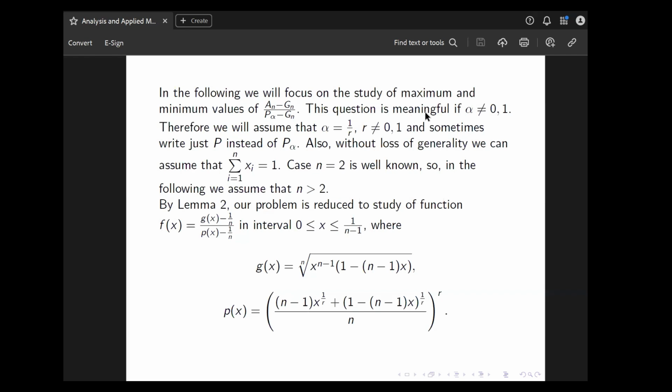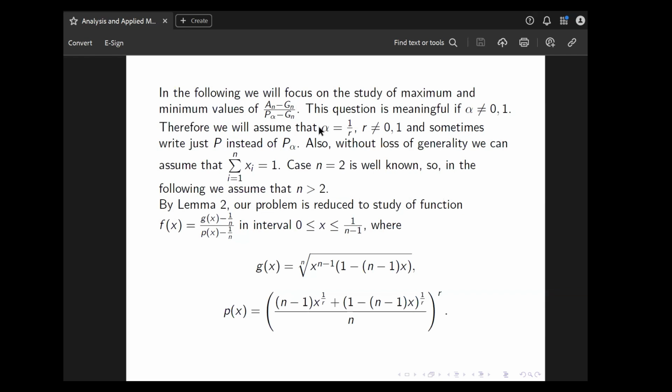Of course, this question is meaningful if alpha is different from 0 and 1, because if alpha is 0, then P_alpha is just the geometric mean, so the denominator becomes 0. If alpha is 1, then P_alpha is just A_n, and therefore you obtain constant value 1.